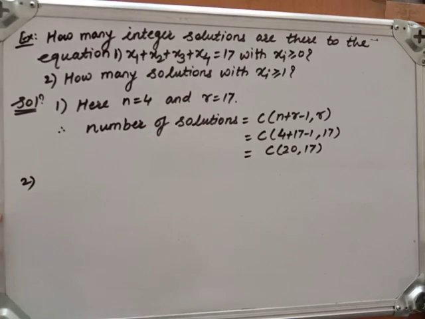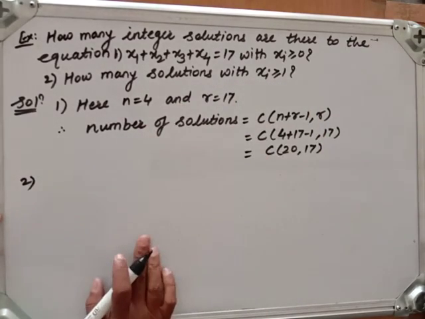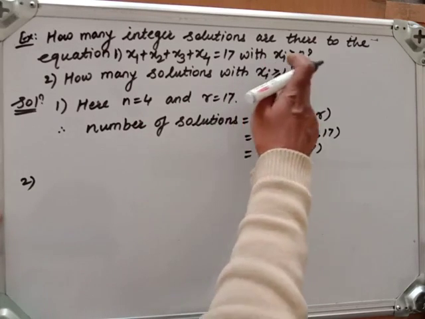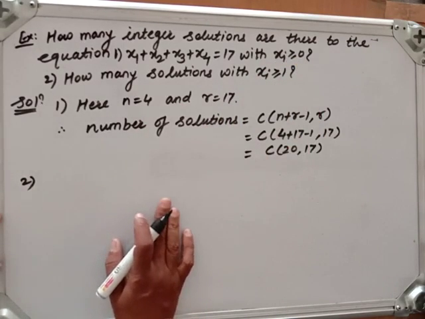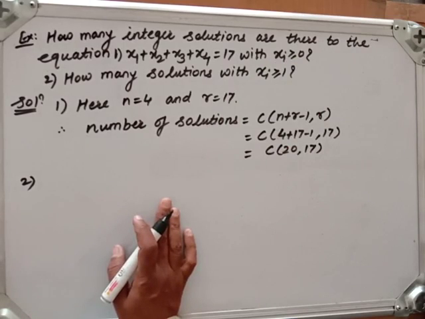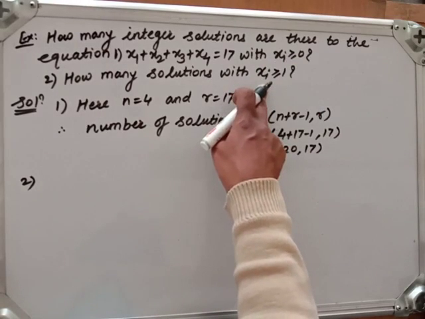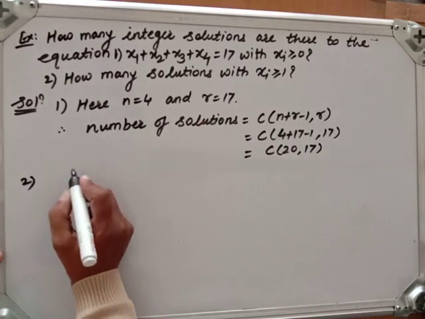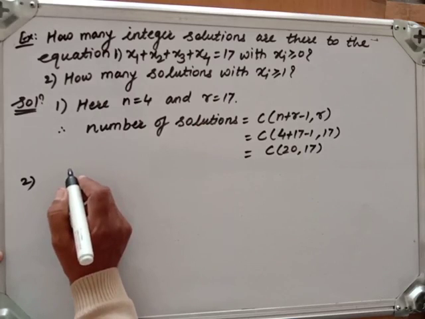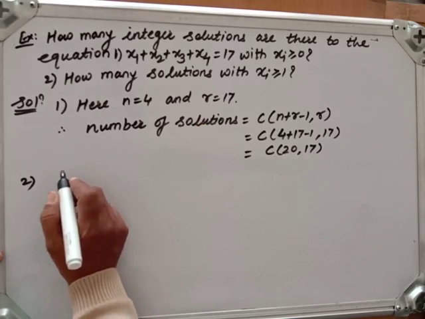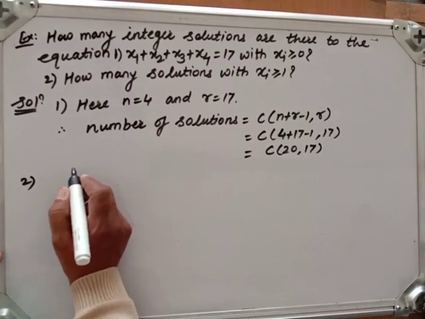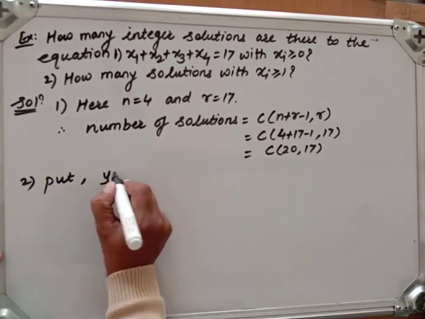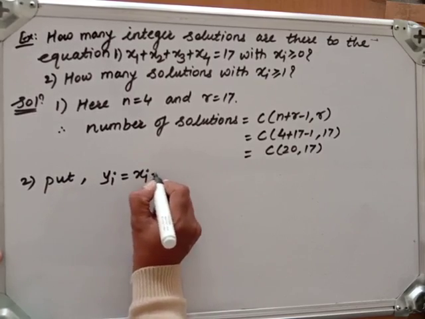It is very easy. Now for the second one, the condition xi greater than or equal to 1 is given. These are the solutions for xi greater than or equal to 0, that is for non-negative integer solutions, but not for non-zero integral solutions. Fine. So for that, we can do a substitution. Here we can put yi is equal to xi minus 1.